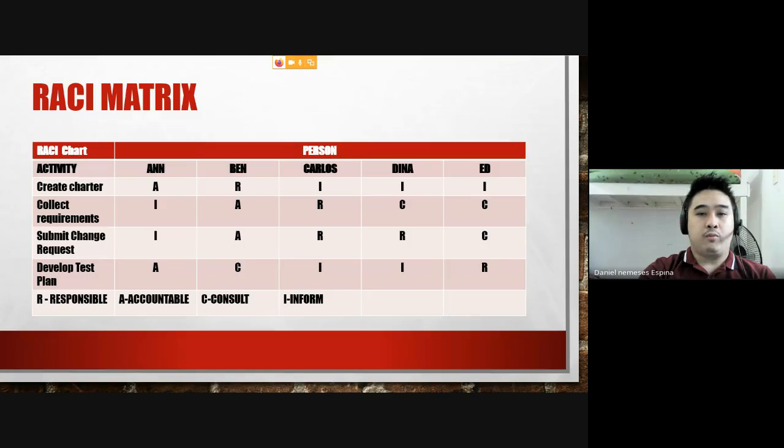You will only inform si Carlos and Dina and also si Ed. In the collect requirements, si Carlos ang responsible, si Ben ang accountable, and then si Carlos will consult to Dina and Ed, and then si Ann would be informed.